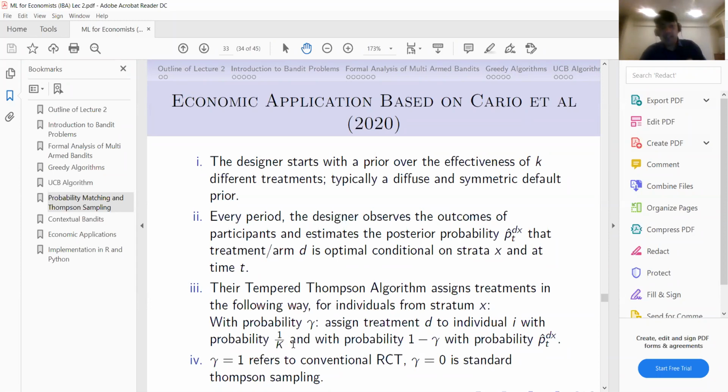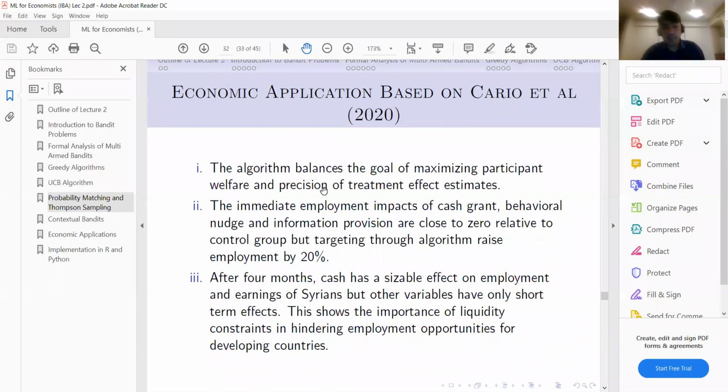But what they do is they don't do this, because they're trying to balance 2 objectives. They're not just interested in the precision of the treatment effect estimates, but also they're trying to maximize participant welfare. So there are 2 objectives here. In traditional RCTs, there's no welfare objective.